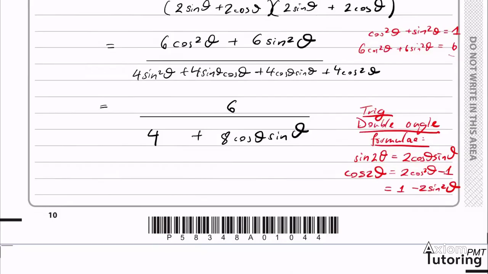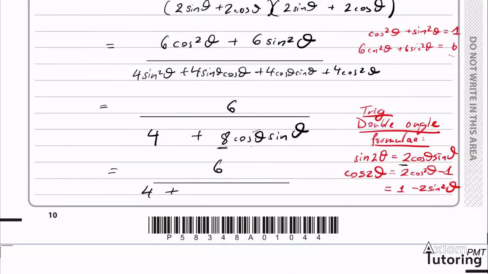So we have 6 over 4 plus. So we have 8 in front of our trig expression here. And for sine 2 theta, it's a 2.